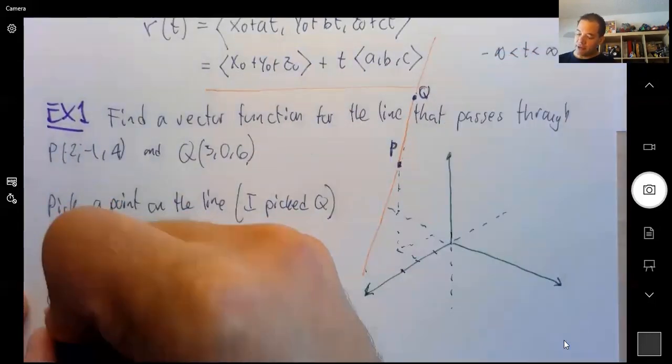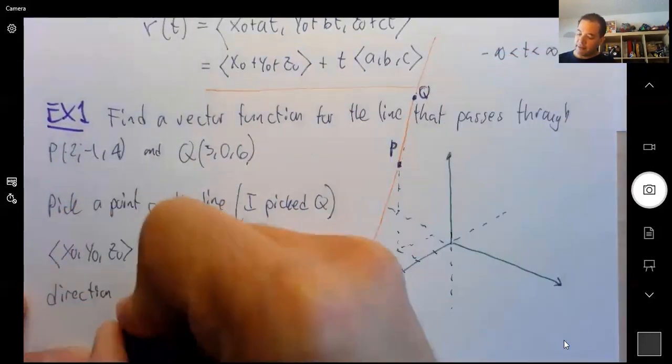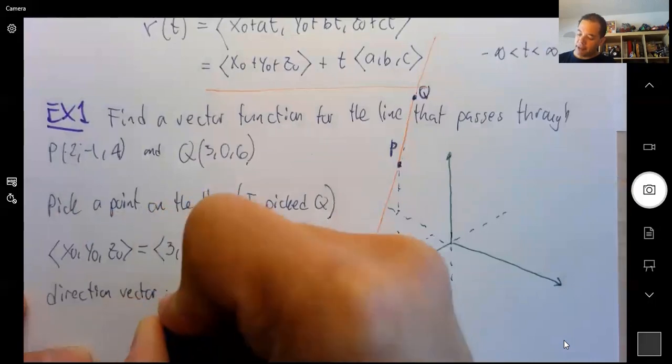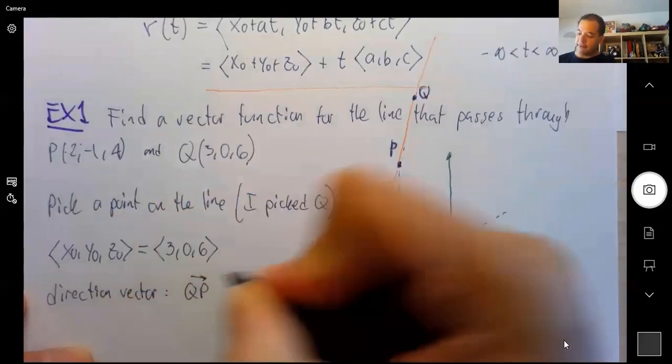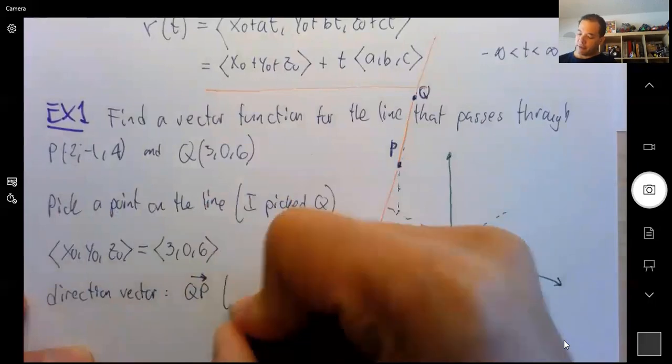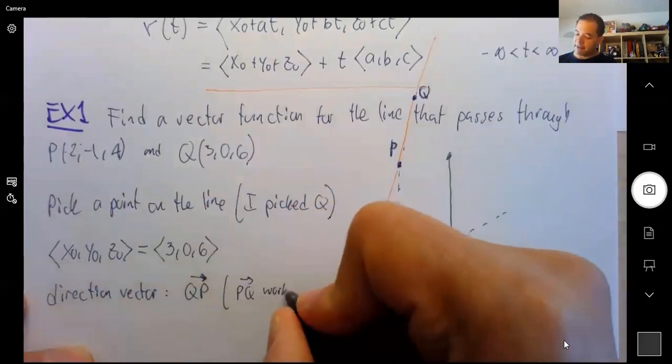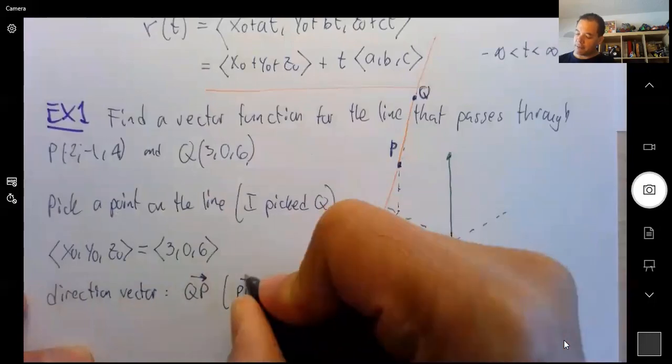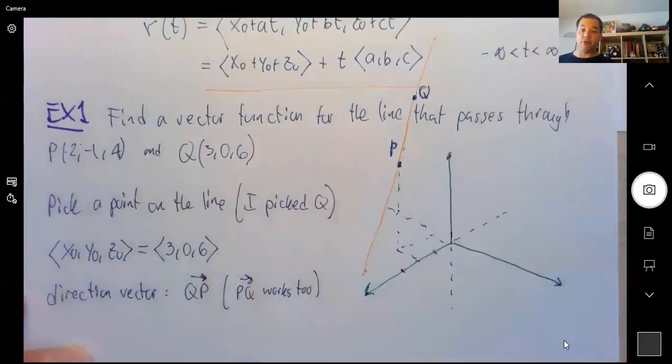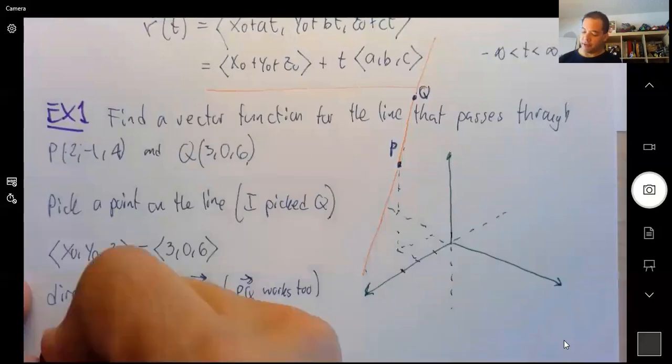So direction, for me, my direction vector will be QP, right? PQ works too. If you pick PQ, it's just gonna be going in the opposite direction, but it's also valid. It will still be a valid vector function for the line. So I'm gonna pick QP. So what is QP?